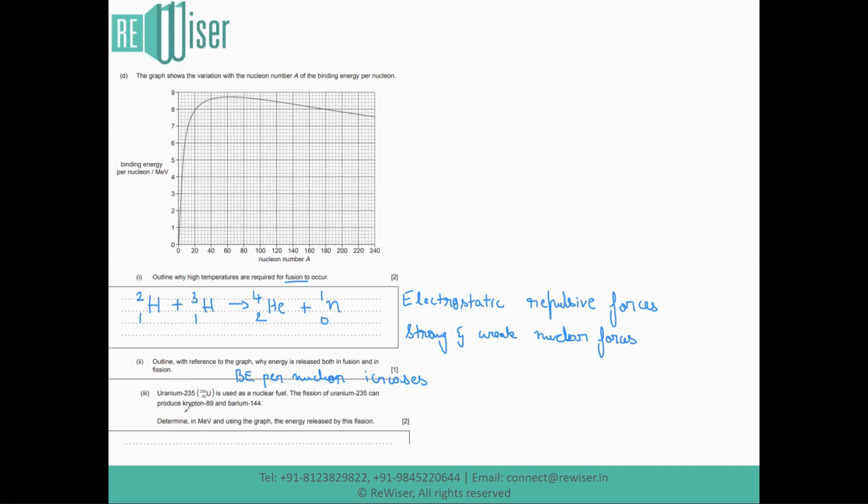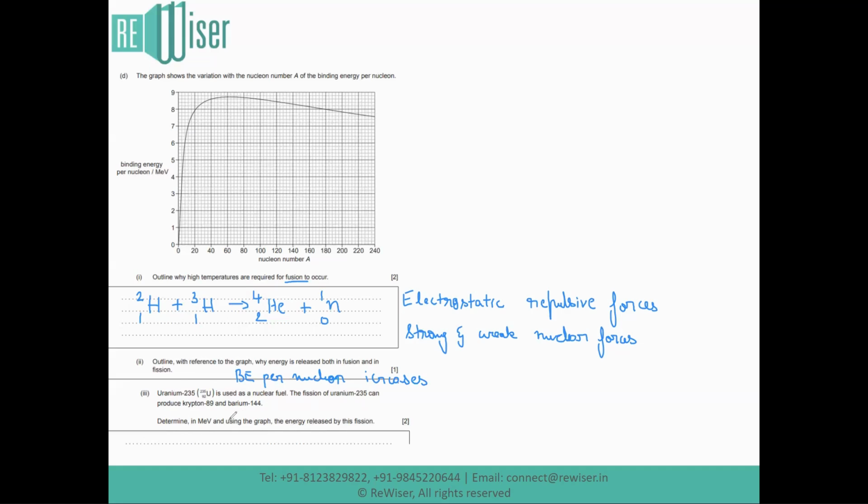The last part states uranium-235 is used as nuclear fuel. The fission of uranium-235 can produce krypton and barium. Determine in MeV, using the graph, the energy released by this fission.